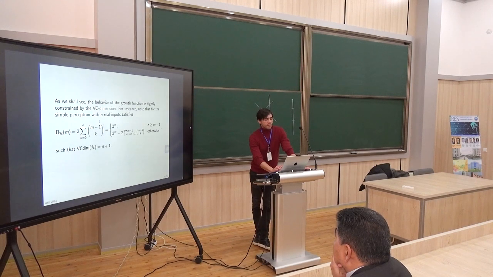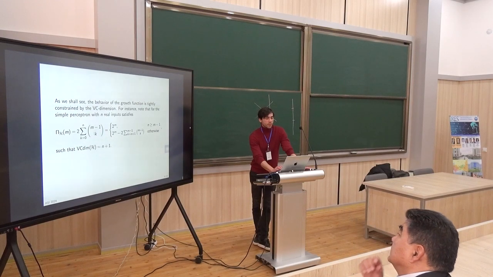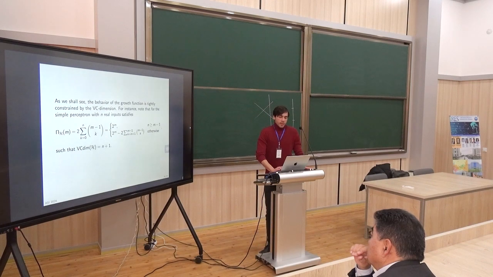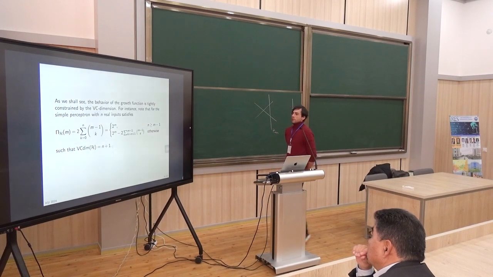This formula takes the value 2 to the power m if and only if m is smaller than or equal to n plus 1. We know that this sum evaluates to 2 to the power m minus 1 if m minus 1 is smaller than or equal to n, and we have the 2 in front, so it evaluates to 2 to the power m. Otherwise, it is going to be less than that. And so the VC dimension of the simple perceptron is n plus 1.